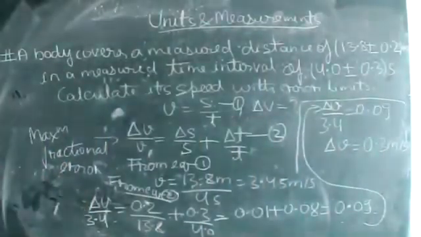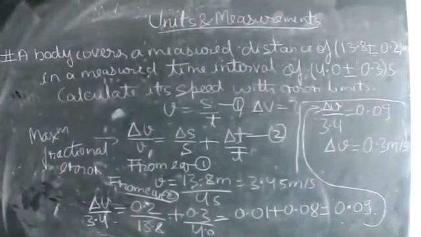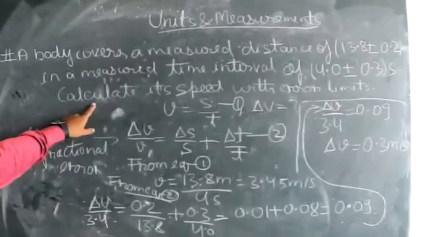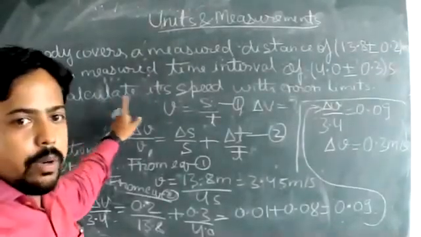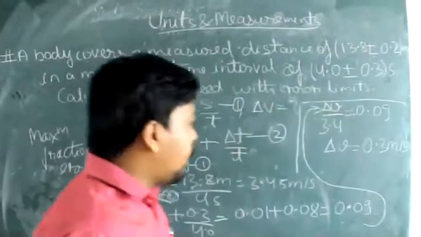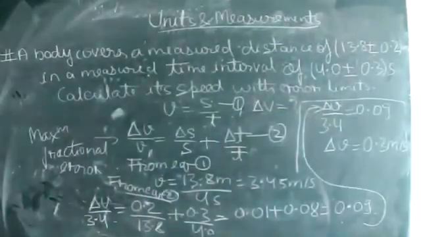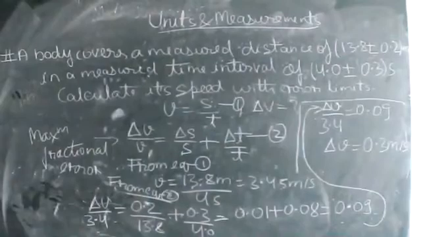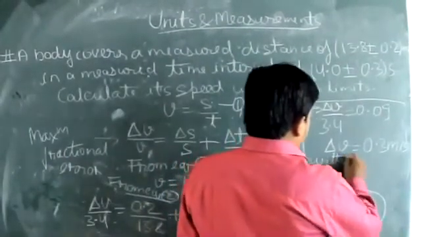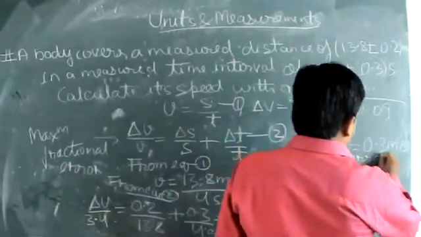Till here it is clear. What we have been asked to calculate is the speed along with its error. So what will be the required expression of the speed, with error limits?